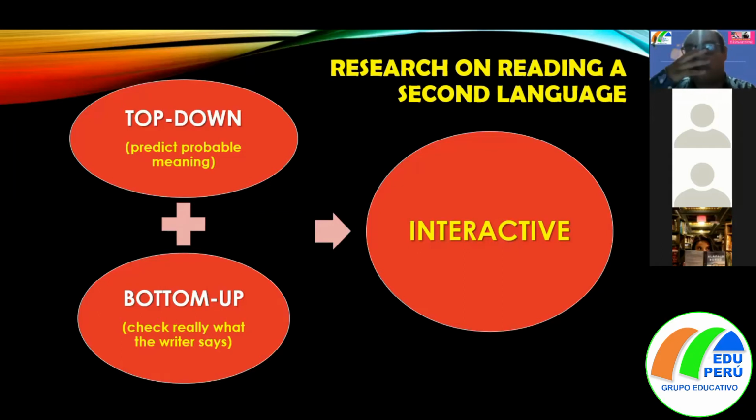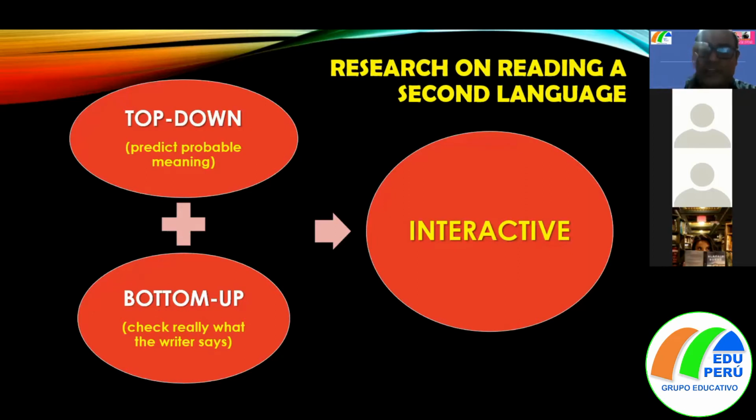Remember that we talked about different approaches or theories of reading, right? The top-down, the bottom-up, then the metacognitive, and finally the interactive. Metacognitive, remember, is related to analyzing how you read, why you read, the purpose of reading and the results of reading, and what strategies or techniques you are going to use to read something. The analysis of how you read, why you read.